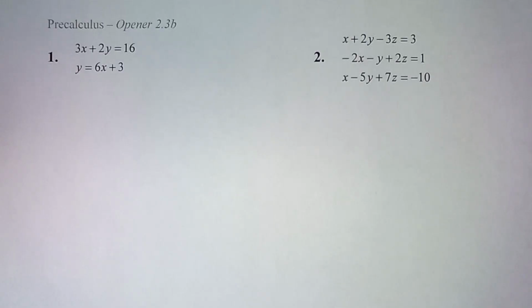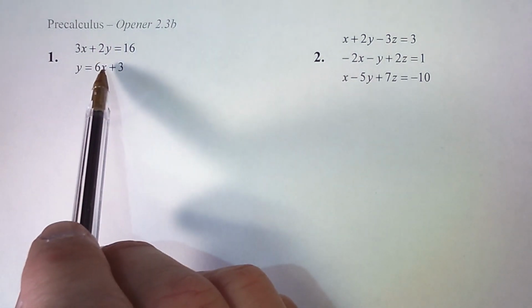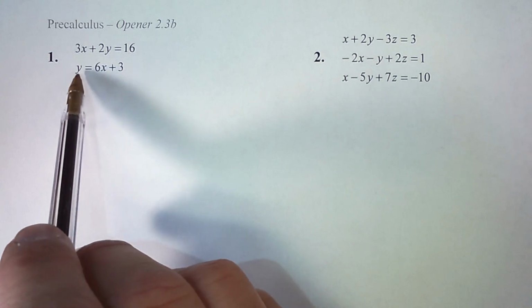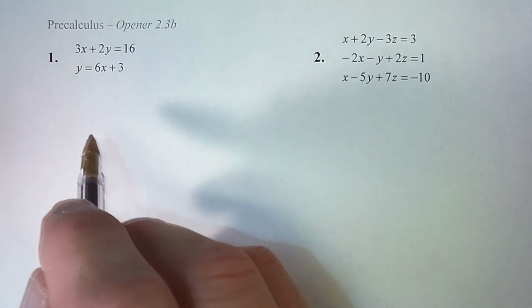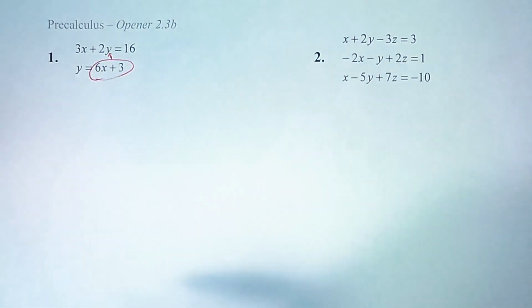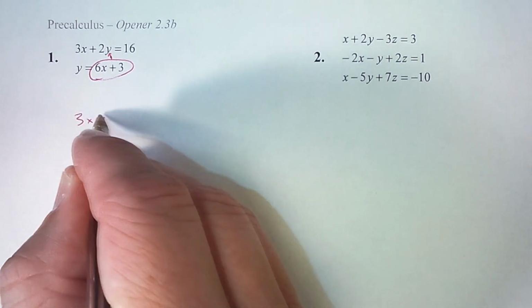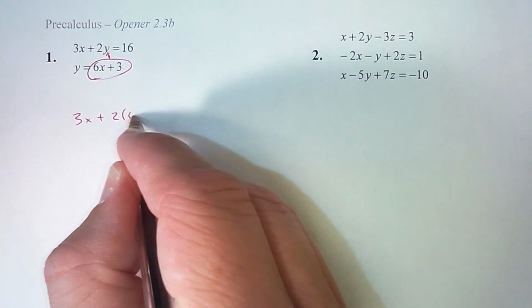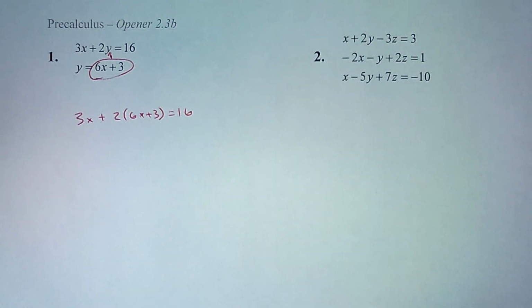All right, we'll finish this up by practicing some skills that we need to continue to keep sharp. So we are going to solve this 2 by 2 system, and because I have y by itself here, I think the easiest way will be substitution. So I will take this value of y and substitute it right there. So I get 3x plus 2 times 6x plus 3 equals 16.